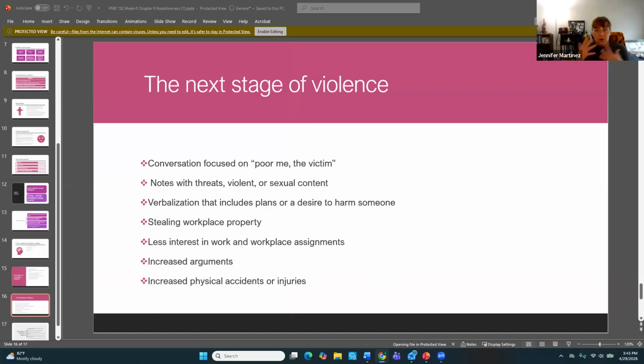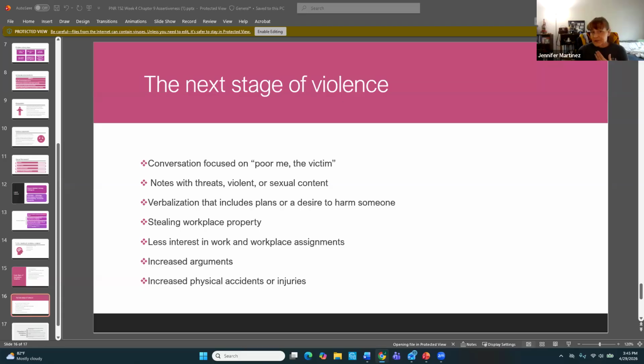As it starts to progress, we may start to see them play the victim role, right? Poor me, everybody's picking on me. They may also start with notes, with threats, or violent or sexual content. They may start to verbalize a plan or a desire to harm someone.